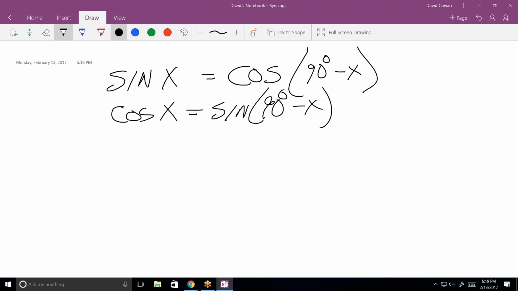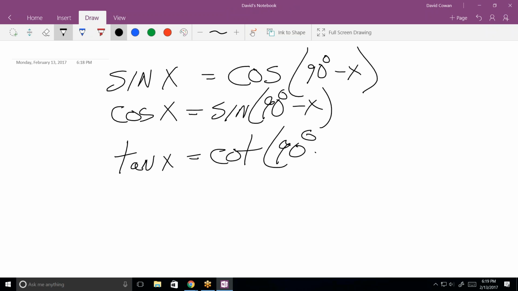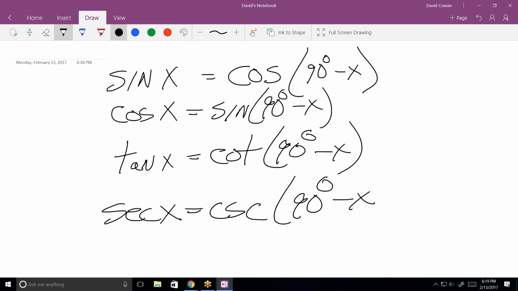And that's true. And tangent of x equals its cofunction of 90 degrees minus x, and vice versa. And secant of x equals cosecant of 90 degrees minus x. They haven't taught you these yet. The only reason I did was because it's helpful in memorizing those first 11 identities, because if you know what the cofunction is, it helps you with that third Pythagorean identity.